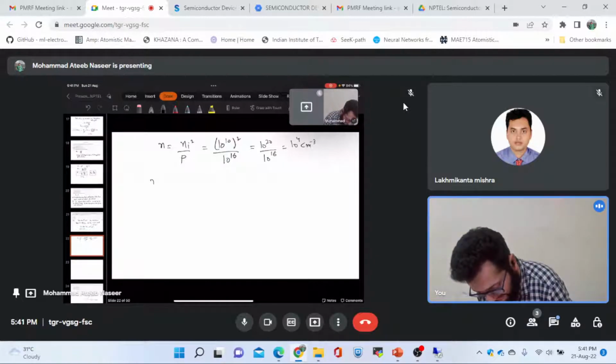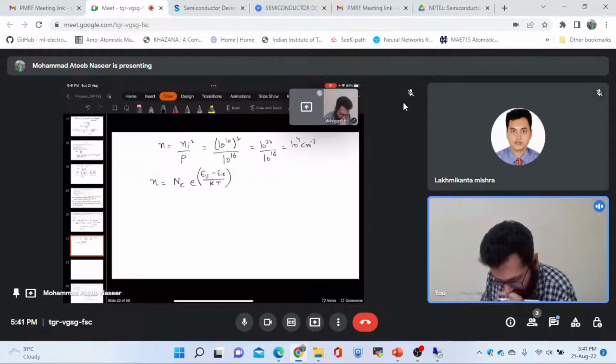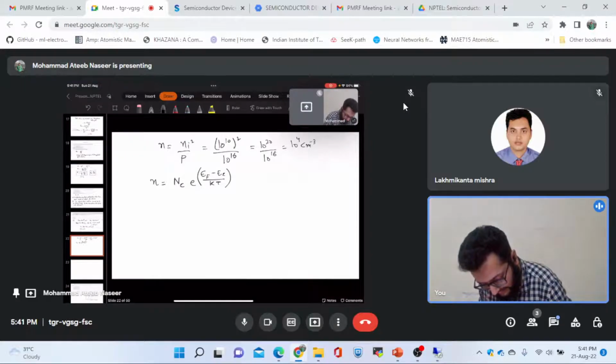It states that the electron concentration is given by n equal to Nc exponential of (Ef minus Ec) by kT, where this Nc is the effective density of states, and this value is given, and we will substitute it directly whenever required. We can take it to the other side. It will be n by Nc equal to exponential of (Ef minus Ec) by kT.